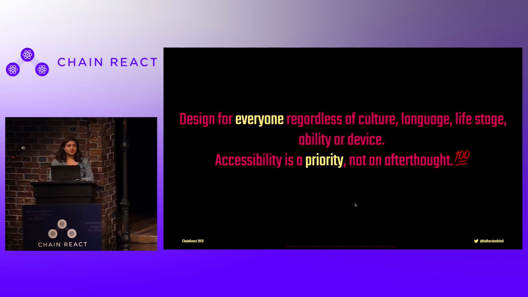And lastly, design for everyone, regardless of culture, language, life stage, ability, or device. Accessibility is a priority and not an afterthought. The reality is that in the future, or maybe even now, it could be you. So keep all users in mind when we are thinking about accessibility.